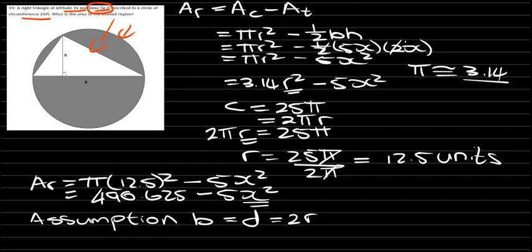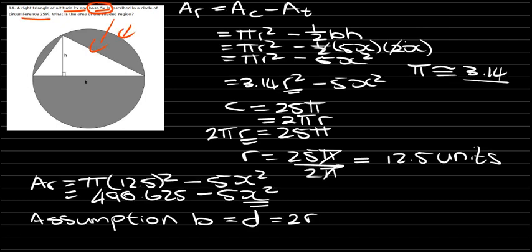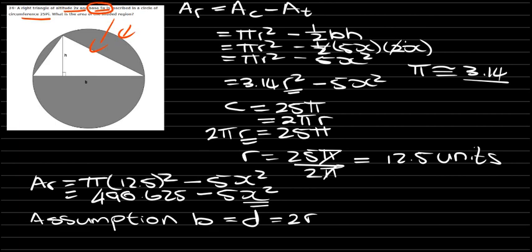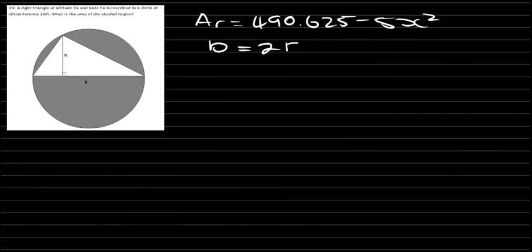So if we have to substitute, I think we need to go to a new page. Let's just write this down. AR equals 490.625 minus 5x squared. And what we also discovered is that the base equals 2r, because it equals the diameter.